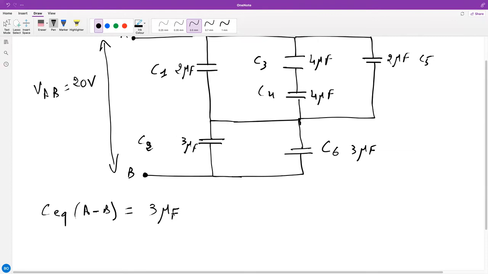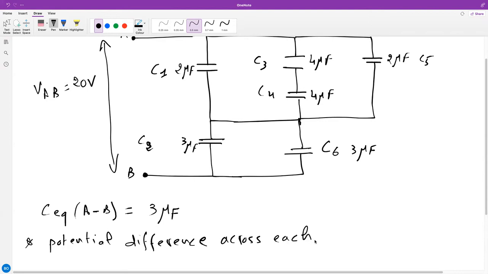Now the next question will be, what is the potential difference across each capacitor, the individual capacitor across each of those capacitors? This is what we are going to solve.